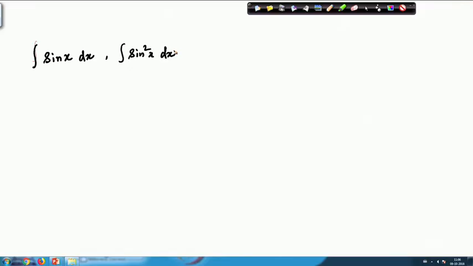You have to multiply by 2, adjust the factor 2, and then do the integration. But suppose you have an integral of type sin to the power 10 x dx, or even worse, sin to the power 100 x dx, then it would not be that straightforward to apply our traditional methods of integration.